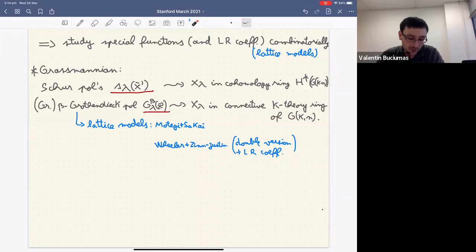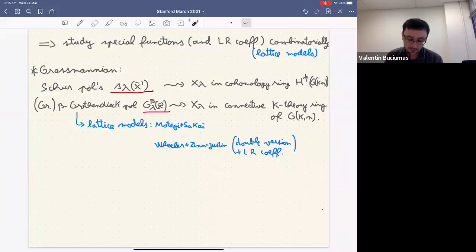And there are lattice models for these types of polynomials. The first lattice model was given by Motegi and Sakai. And then Wheeler and Zinn-Justin gave a lattice model for the double version. The double version means instead of one set of indeterminates x_i, your polynomial will depend on x_i, but also on a second alphabet y_i. We'll make this more precise as we move on.